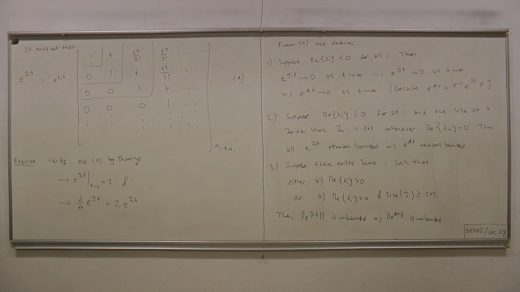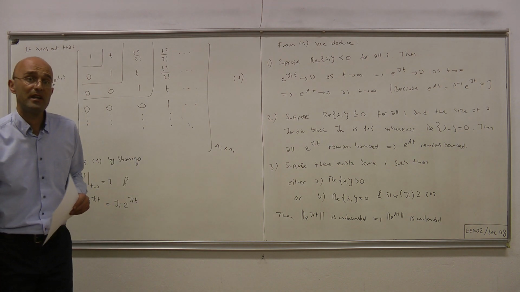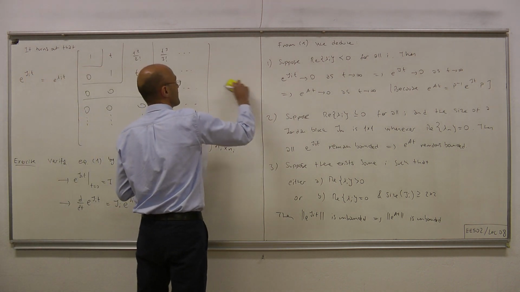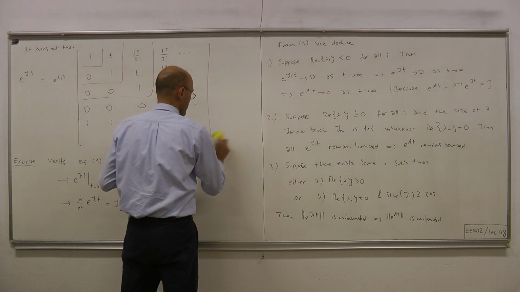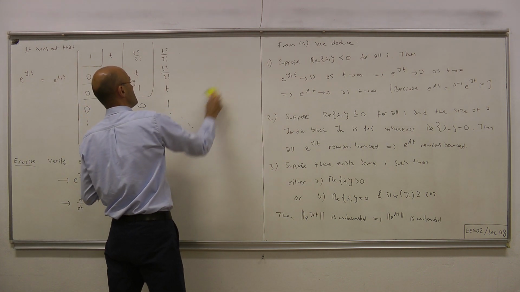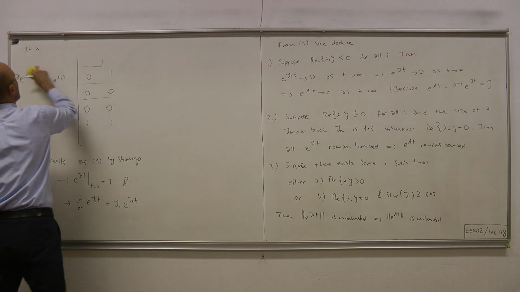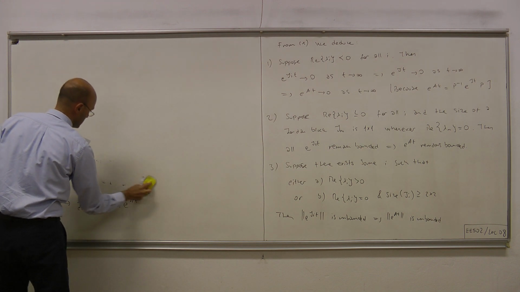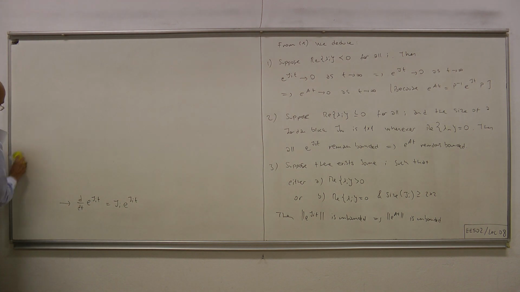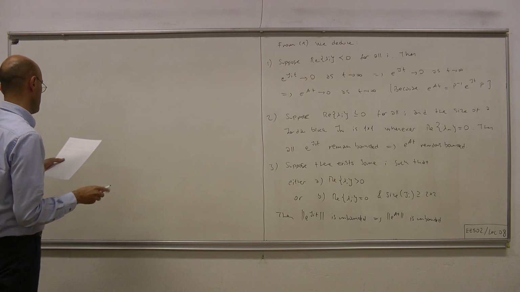Okay, now for comparison purposes, let's recall quickly the discrete time version of these boundedness, unboundedness, and convergence conditions, so that we have the whole picture in front of us.